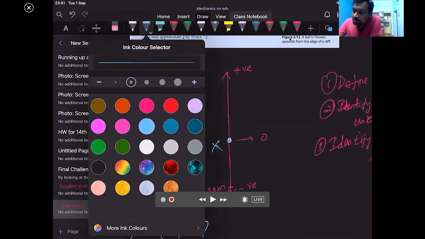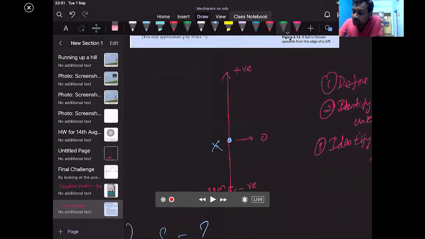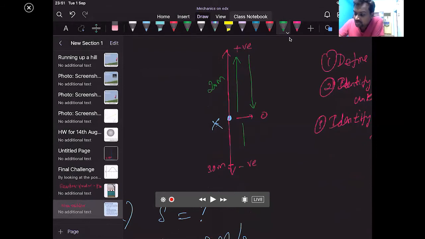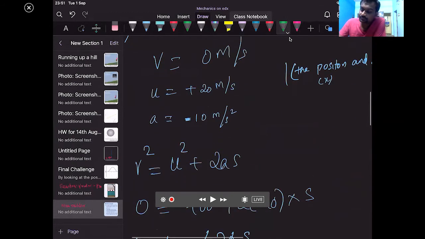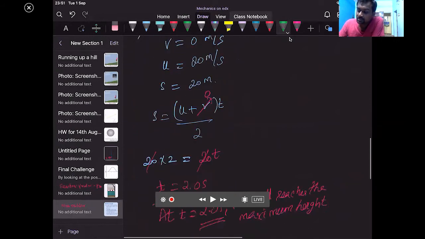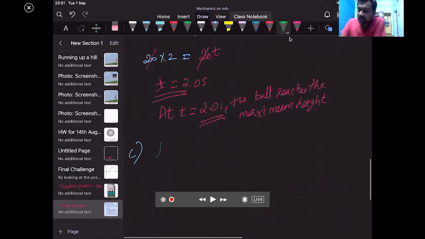The ball is being thrown up, so the ball is traveling up by 20 meters, and it's coming down by the same distance, and then it's going to plunge into the sea. So we'll have to be very careful with this question. The question is for time, to hit the sea.